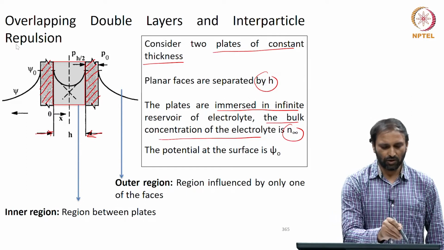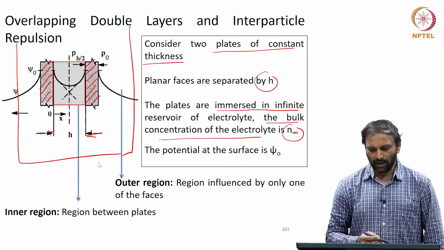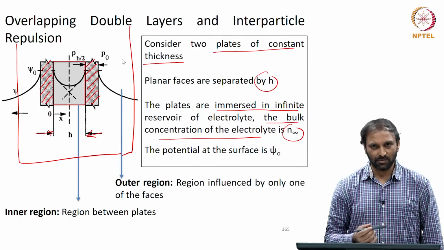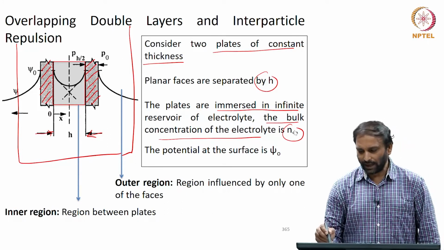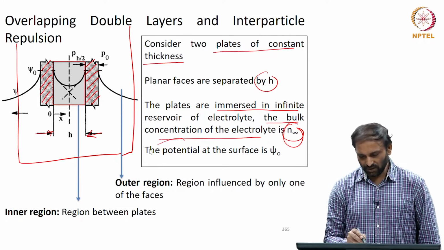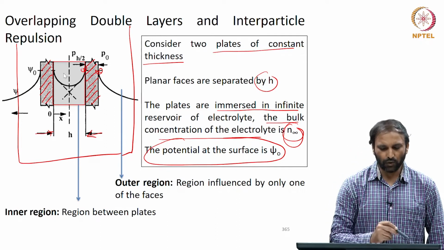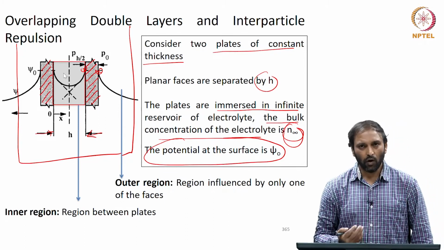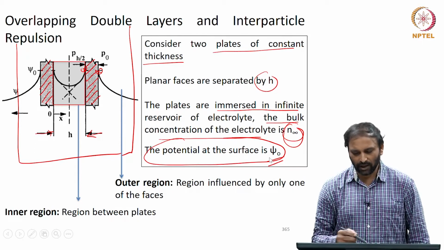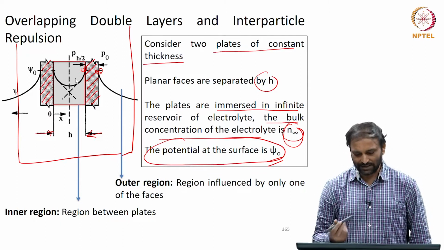So you should imagine that these plates are immersed in a bath of electrolyte, and the concentration of the electrolyte is fixed, n infinity, and the potential at the surface is psi naught. Whether you take the inner surface or the outer surface, because they are chemically homogeneous, the potential at the surface is psi naught, and in other words we can say that the charge density at the two surfaces is exactly the same.